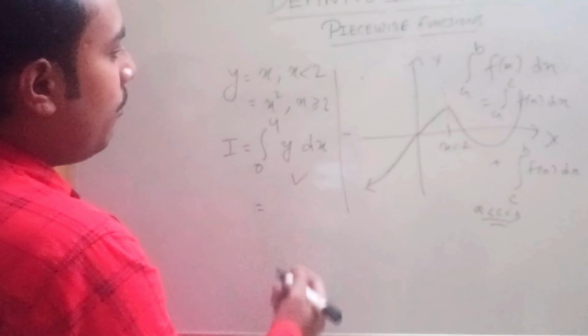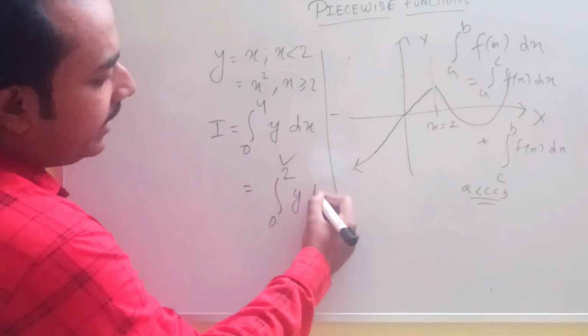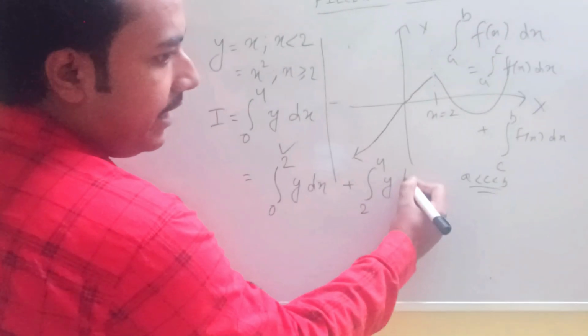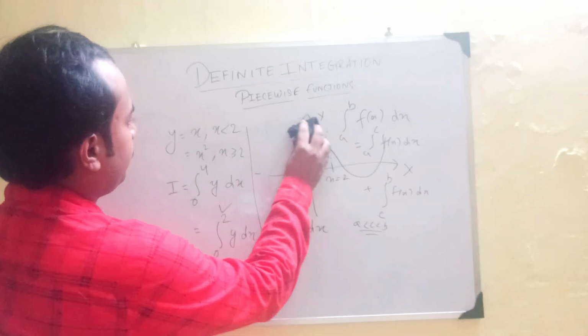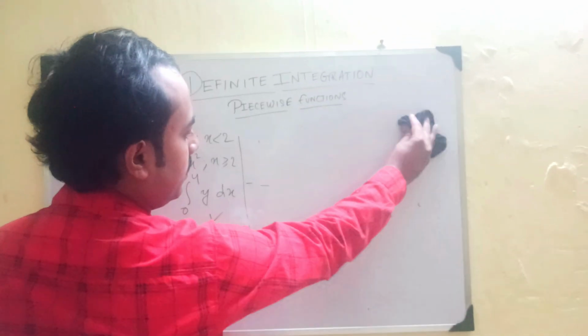So now when we are doing this integral, we can break it into 2 parts, as I said, 0 to 2 y dx plus 2 to 4 y dx. So let's erase this part. We already know this part and make some space.